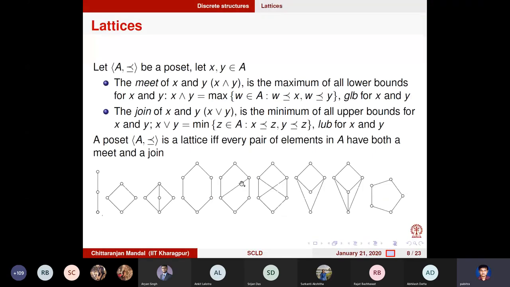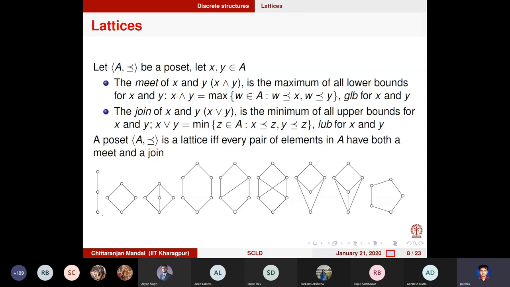All right, now let's come to the fourth one from the right: 1, 2, 3, 4. This one. Is this a lattice? Can you find a way to prove that it is not a lattice?